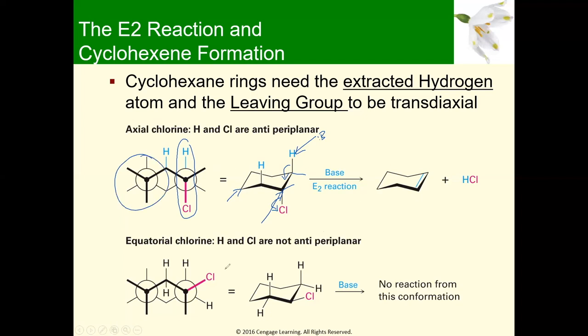If they are not anti-periplanar like this, see, this chlorine is not anti to any other hydrogen. There's no hydrogen on the other side. It's a CH2 group on the other side, so it cannot undergo an E2 reaction. That's the importance of it.